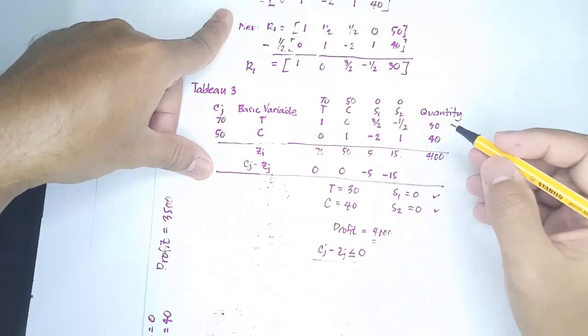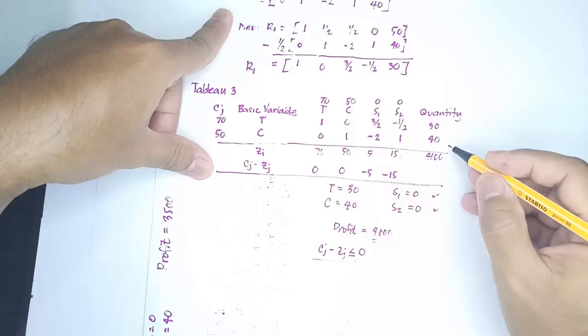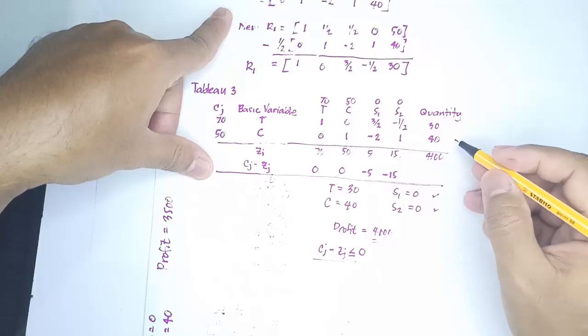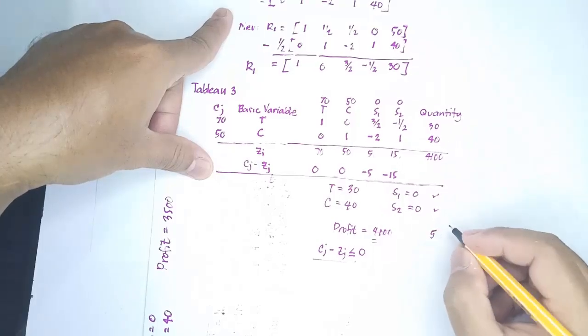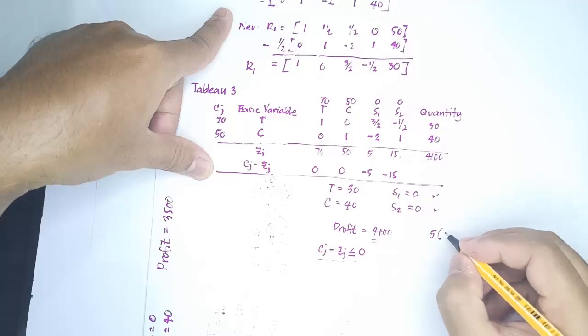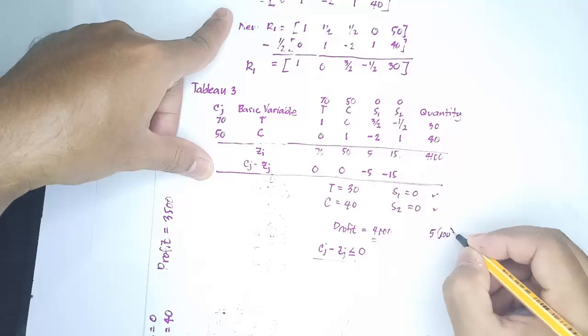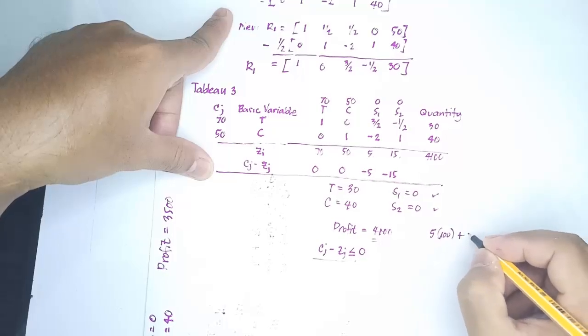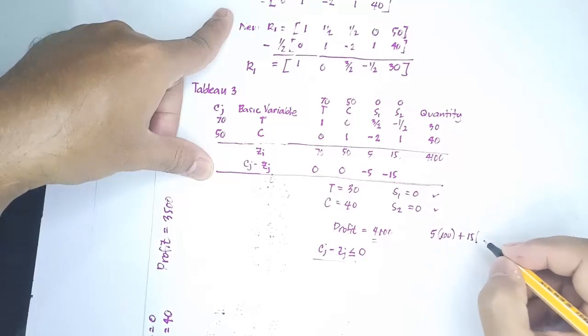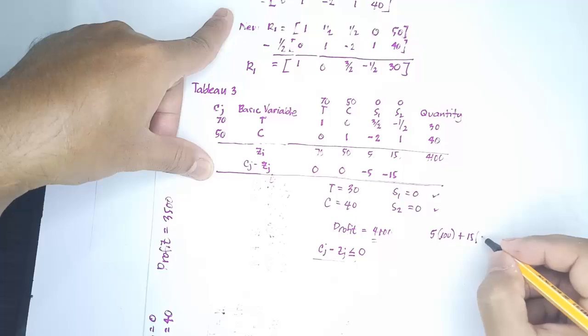Since all of the painting time and carpentry time were used up, therefore $5 per unit of painting time times the number of hours used plus $15 times the available carpentry time, which is 240.